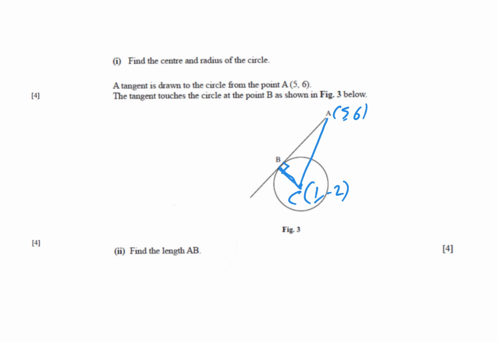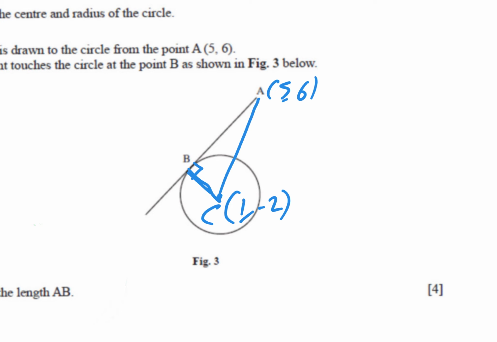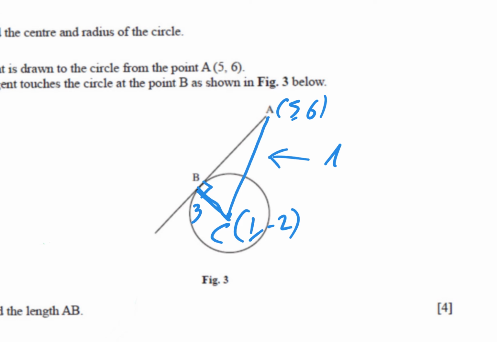Okay, it says find the length of AB. Now remember, in the first part of the question we also had that the radius of this circle was 3. So we could find the distance AC quite easily, and then we've got a right angle triangle. We could just use Pythagoras. So I'm just going to find my distance AC.